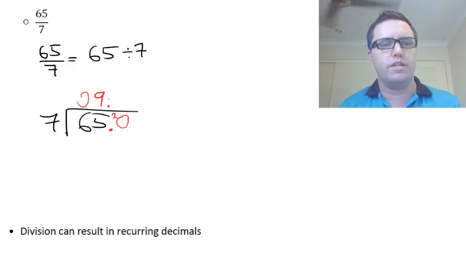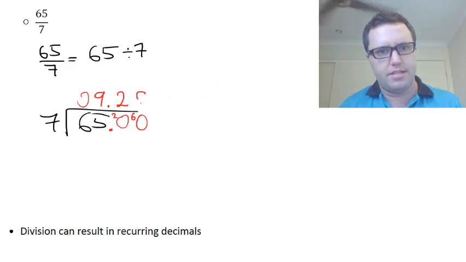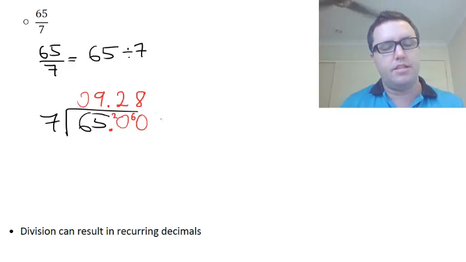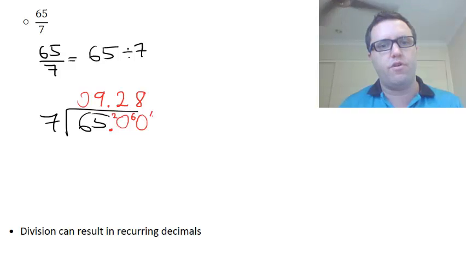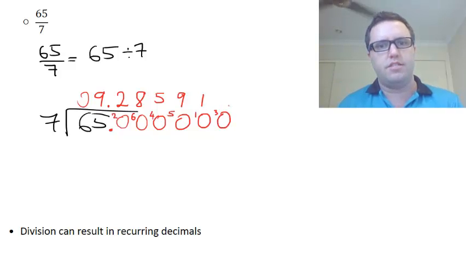Okay, 7 into 20 is 2, remainder 6. 7 into 60 is, that's our 7 eights, 56, and so we're going to have remainder 4. 7 into 40 is 5, remainder 5. 7 into 50 is 7, 7 sevens is 49, remainder 1. 7 into 10 is 1, remainder 3. 7 into 30 is 4, remainder 2.